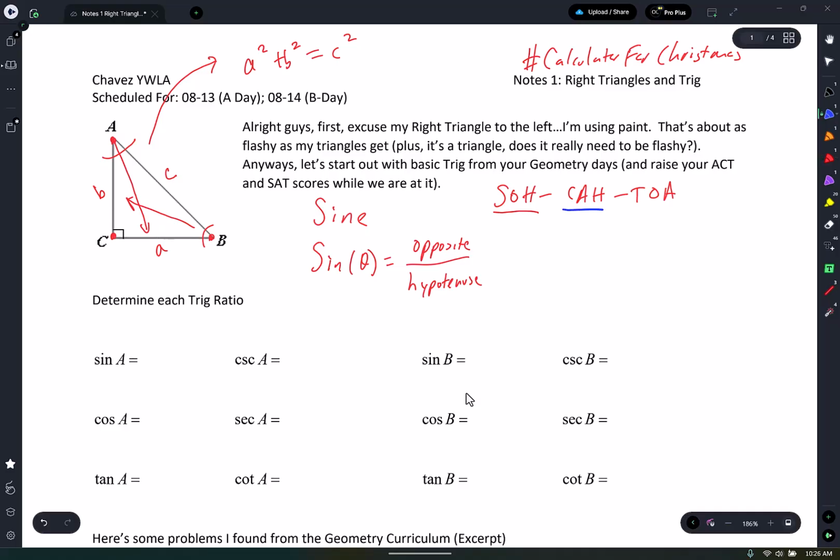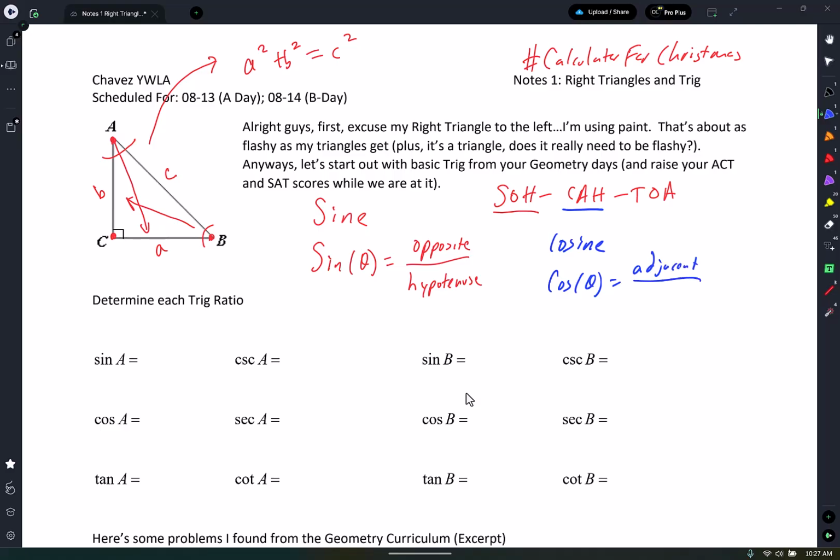The CAH, the C stands for cosine. That's how you spell it. And then the way you write it, you're going to say cosine of some angle equals adjacent over hypotenuse. The A stands for adjacent, which is just a fancy word for next door. Take it to the adjacent room. And the H stands for hypotenuse.